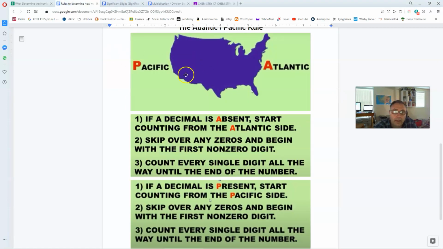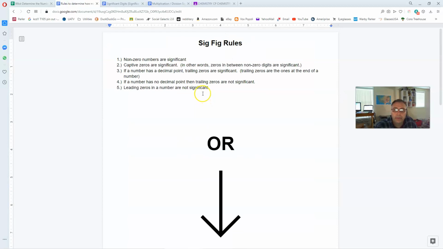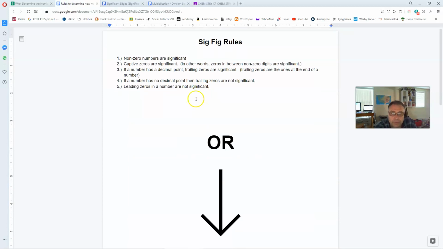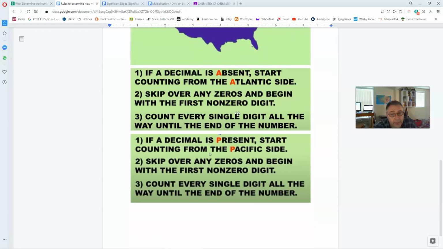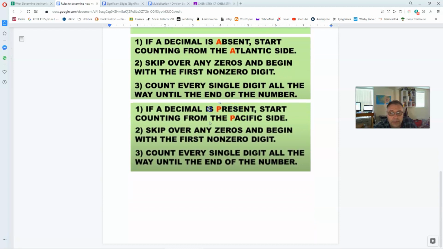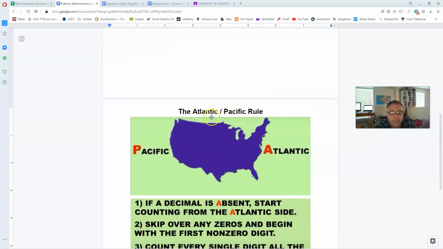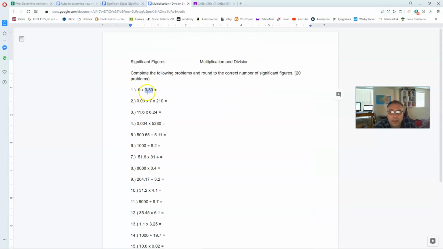Well, we could go back and do the sig dig rules, these 5 rules, or maybe if you're into the Atlantic Pacific rule, put 0.30 here in the middle of the map, and then apply, in this case, the Pacific rule. Since it does have a decimal point present, 0.30, when you evaluate it, tells us that we have 2 sig digs.